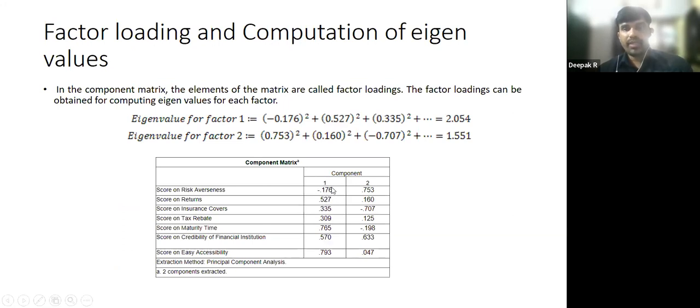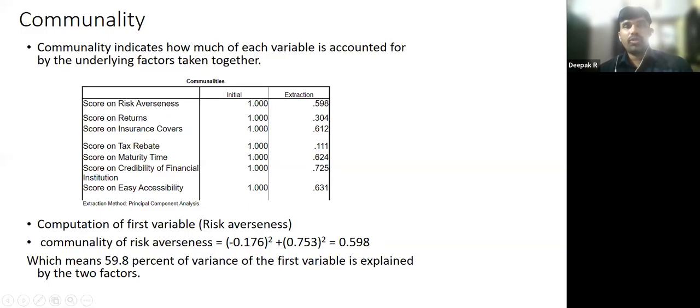you will notice that in order to find out the eigenvalue, we went column wise. We took the square of all these values. If I look row wise and take the square of the first two columns of the first row, that is risk averseness, this gives us what is called the communality matrix.